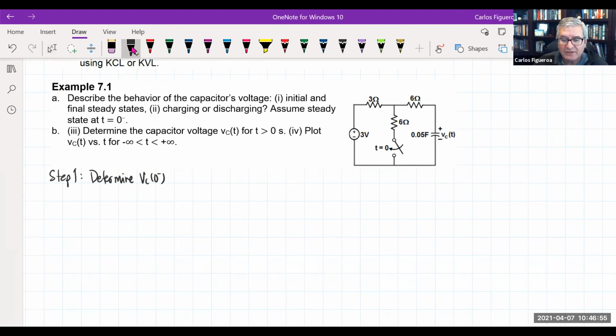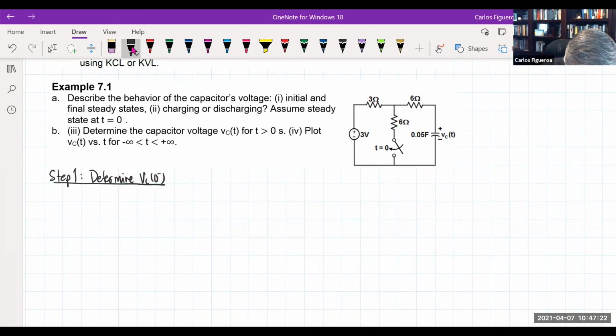Typically, I try to look at this thing physically. Note, you can see that as soon as the cap goes to an open, it's going to kill off everything and it's got to be at 3 volts. And then as soon as the switch gets thrown and I go to a steady state, it's going to kill off the 6 ohm resistor. So let's go do this.